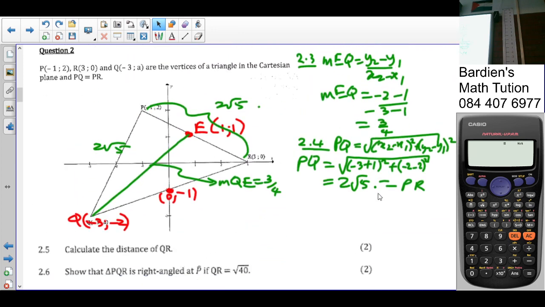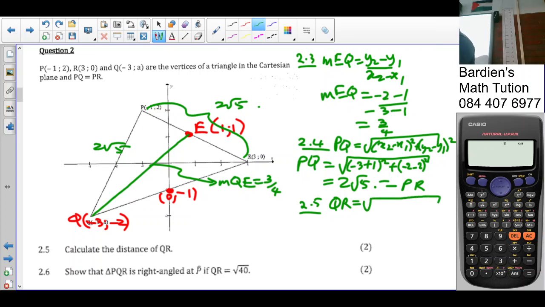In question 2.5, we are told to calculate the distance of QR. I don't need to write the distance formula down again. QR, which is this length here.